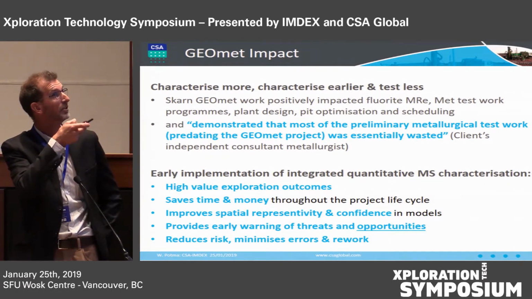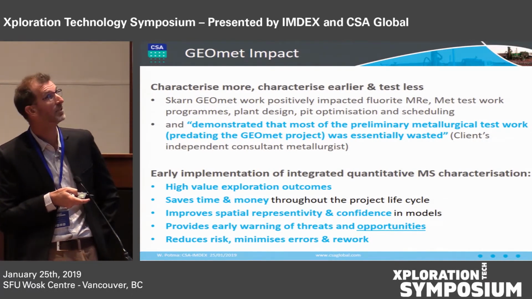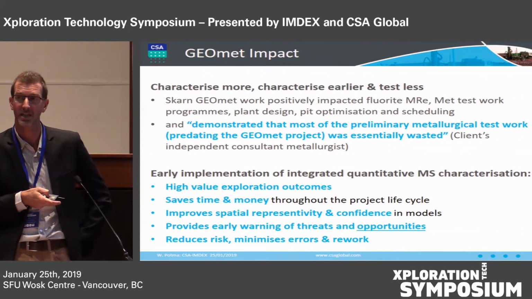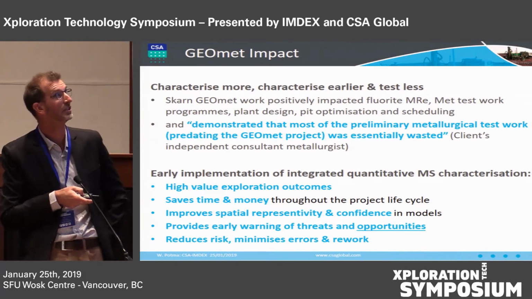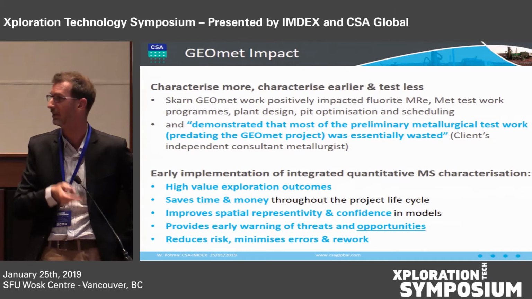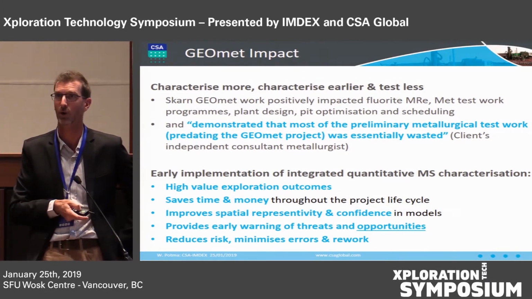That client that I was just talking about with the fluorite project basically said at the end of this that it demonstrated that most of their preliminary MET test work, which was in excess of $250,000 worth of MET test work, was essentially wasted, and that they were going to go back and redo everything based on the outcomes of the geometallurgical model.